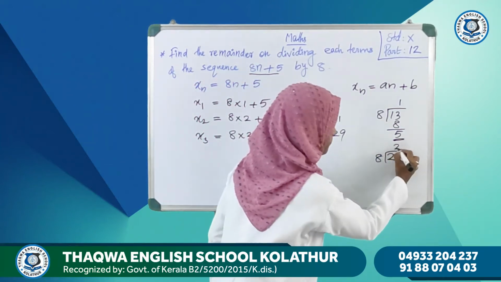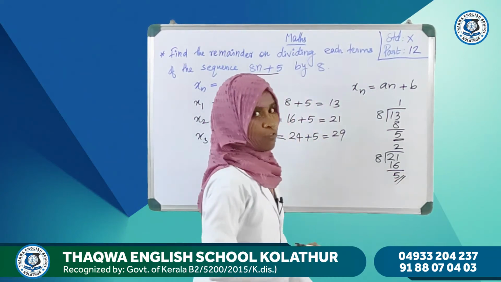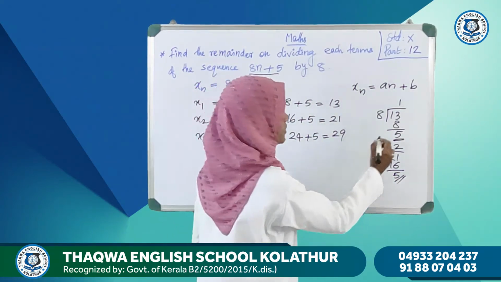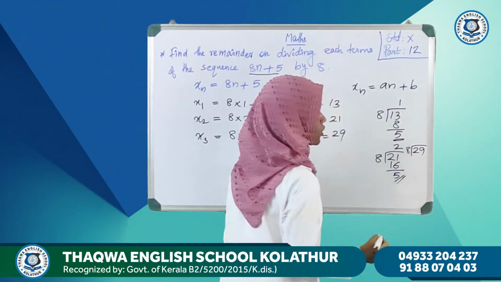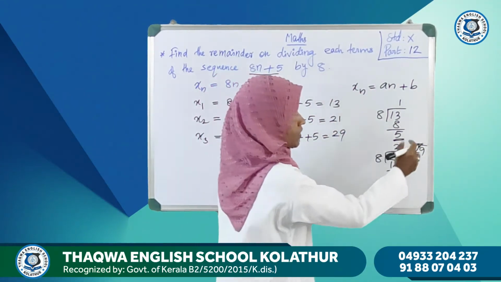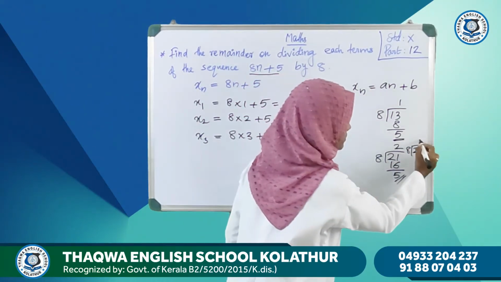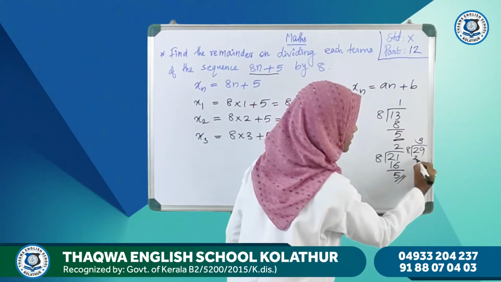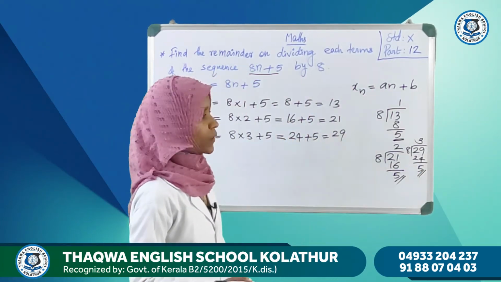Yes, 2. 2 into 8, 16. Remainder is 5. Then let us check the third term 29. 29 by 8. How many times 8 in 29? 3. 3 into 8, 24. The remainder is 5.